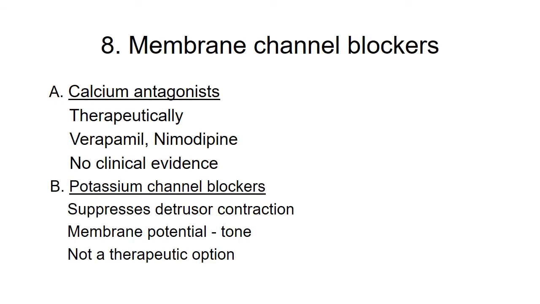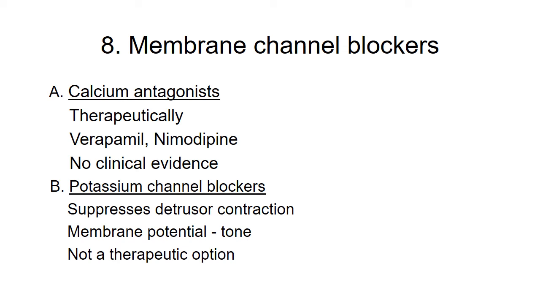Then comes the membrane channel blockers, which are mainly calcium antagonists and potassium channel openers. Therapeutically, it is supposed to inhibit the detrusor overactivity, but there is no clinical evidence regarding this.